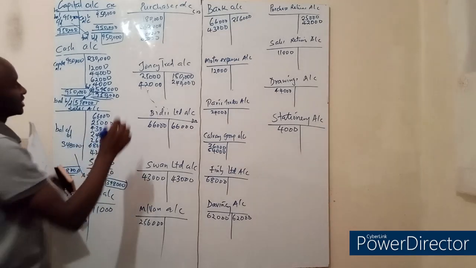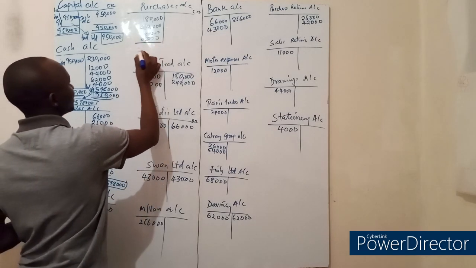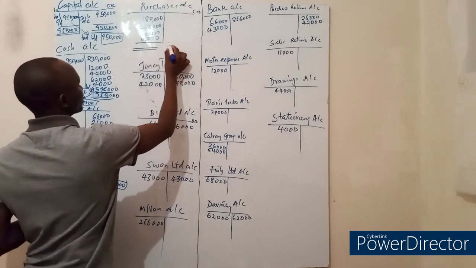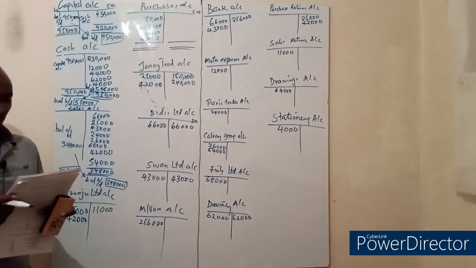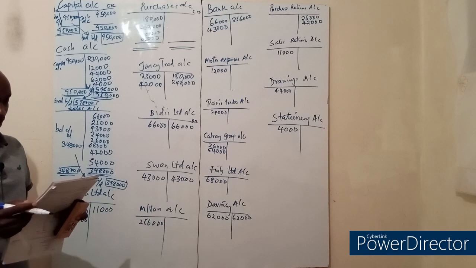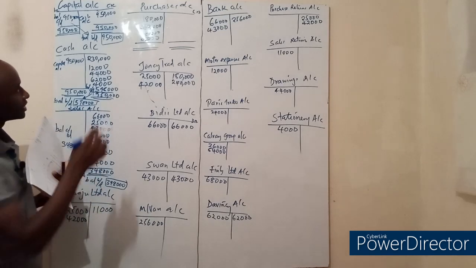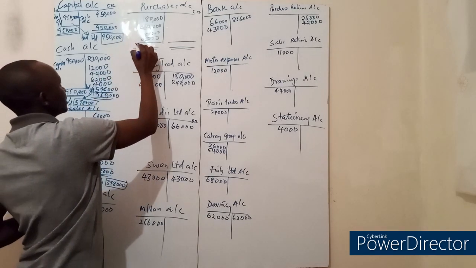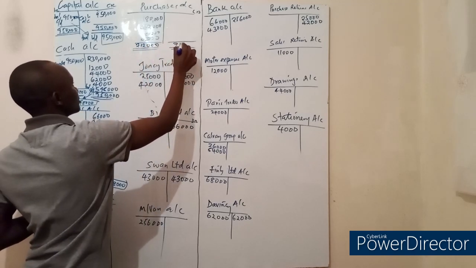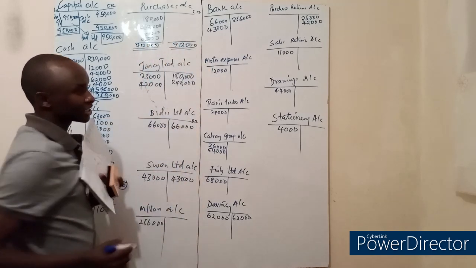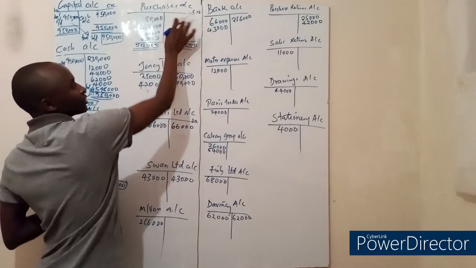So let's move to purchase account. I know this one you can do alone now, but we've understood. Purchase account is totaling to 712,000 when you add all these. This other side should also balance with 712,000. This one cannot remain blank.